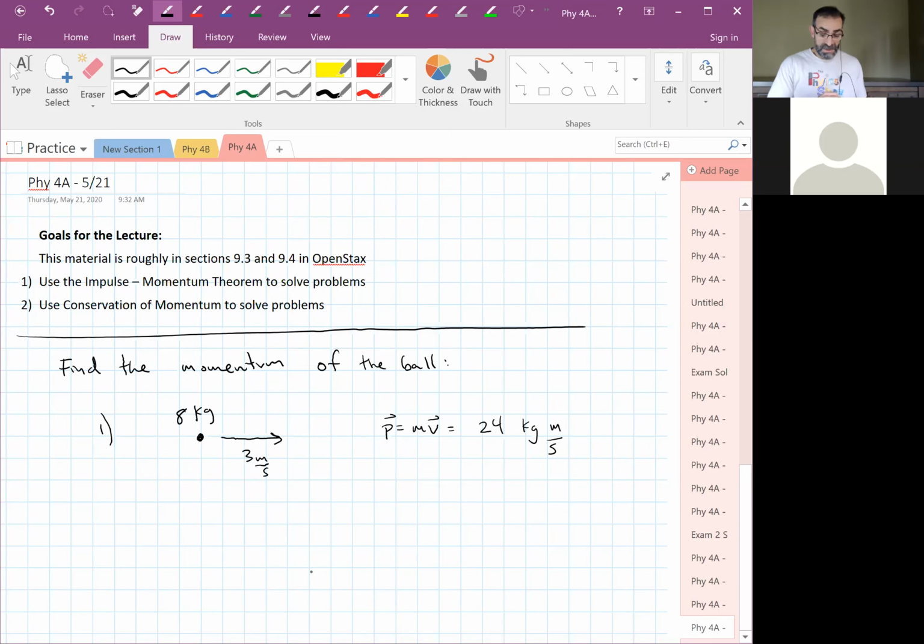The units are kilogram meters per second. And don't forget, it's a vector quantity, so a complete answer has magnitude and direction. All right, one more.